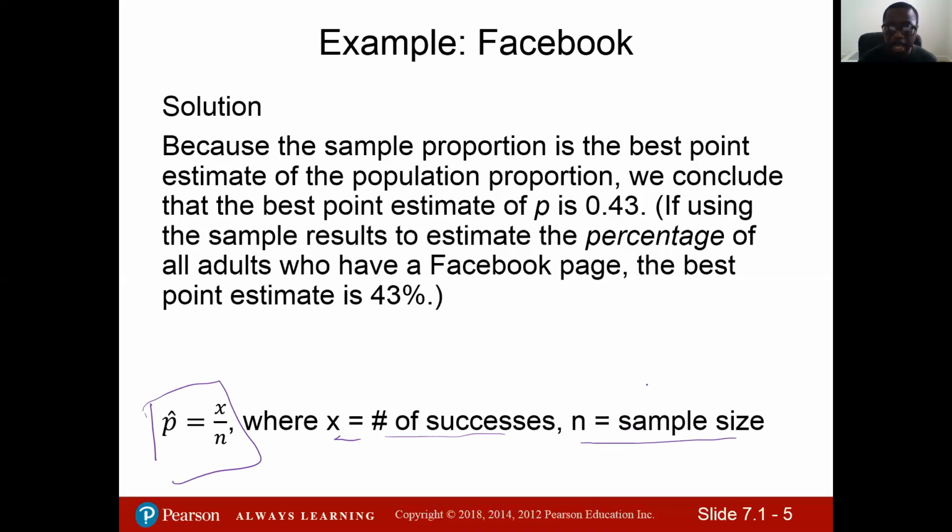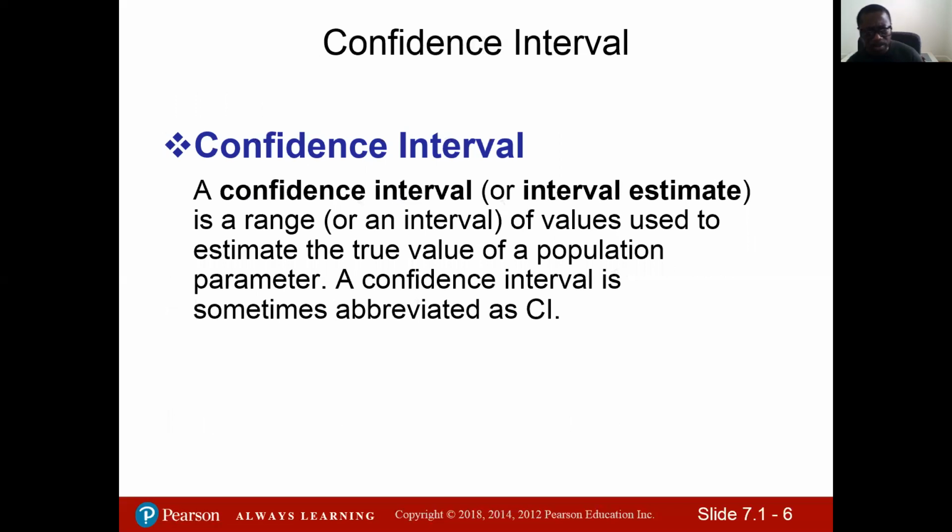Now, a confidence interval, also called the interval estimate, is a range of values used to estimate the true value of the population parameter. Population parameters could be the proportion p, mu, which is the population mean, the population standard deviation, or the population variance.